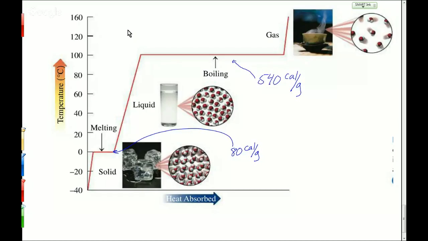All right, so one last question. Why are the slopes of the angled lines different? You could see to heat up the ice is a pretty steep line. To heat up the water gets a little shallower. And then to heat up the gas gets a little steeper again. Why is that? What is that showing? It takes longer for the ice to absorb the heat as it's turning.